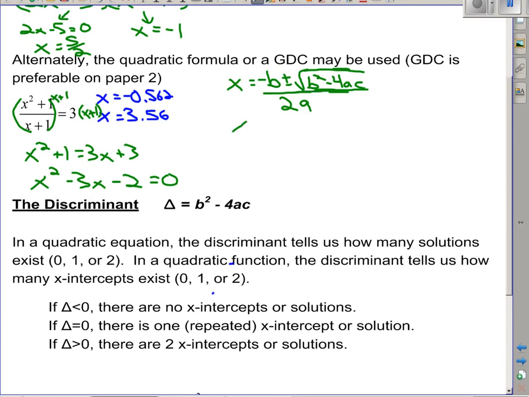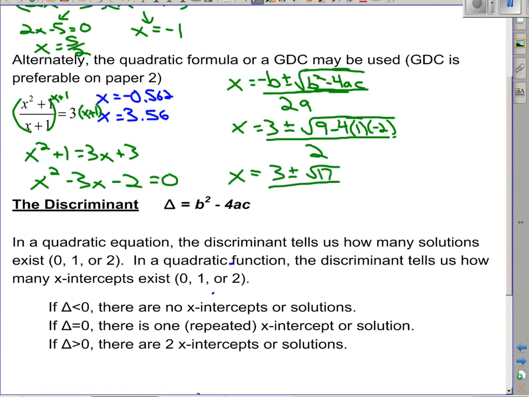Now put in our values. So negative b would be 3 plus or minus the square root of b squared, that's 9, minus 4 times 1 times negative 2, all over 2 times 1. Gives us solutions of 3 plus or minus the square root of 17 over 2. We don't have to simplify that because 17 is prime.